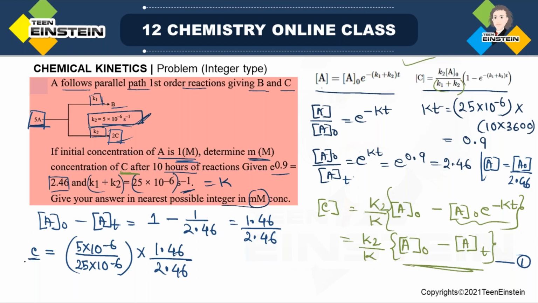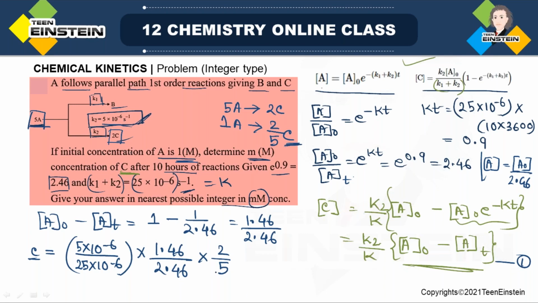But here we have taken only 1 mole of C. So the other calculation we have to do is, from 5 moles of A you are getting 2 moles of C, so from 1 A you are getting 2 by 5 of C. So in this calculation we will multiply by 2 by 5, because we are trying to get the concentration of C after 10 hours.